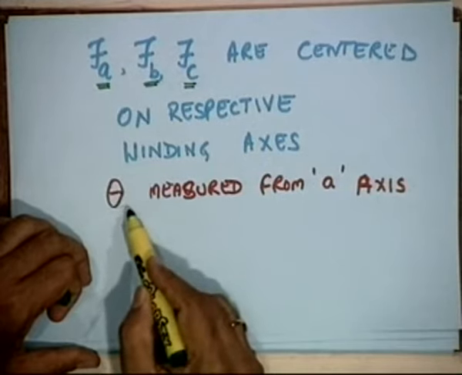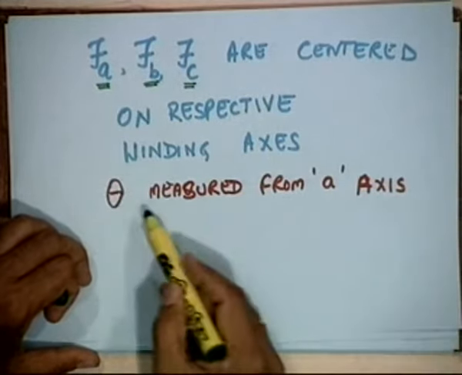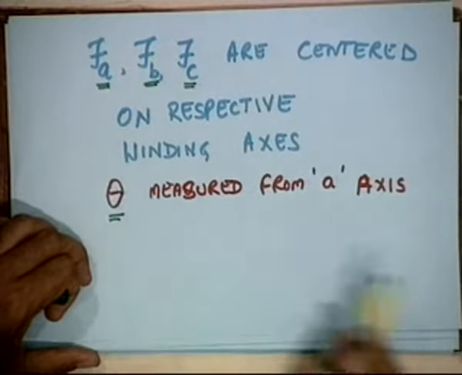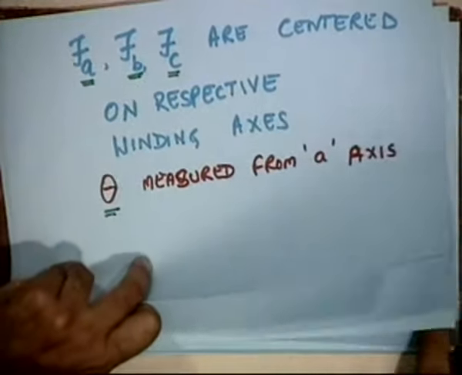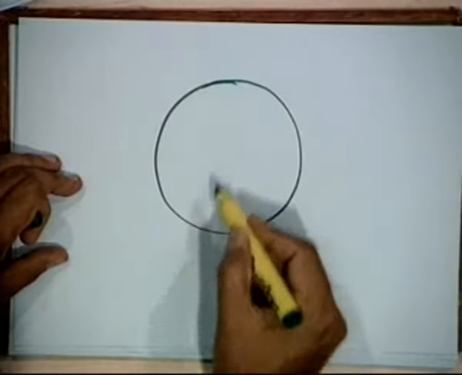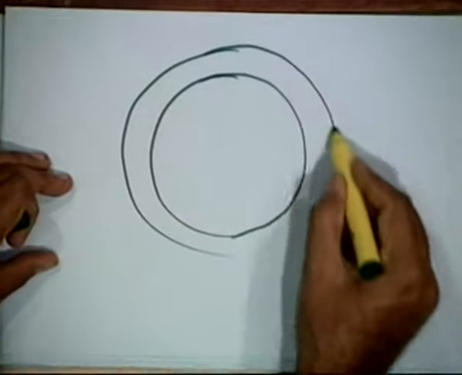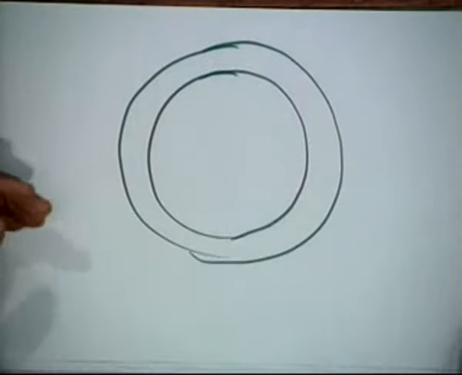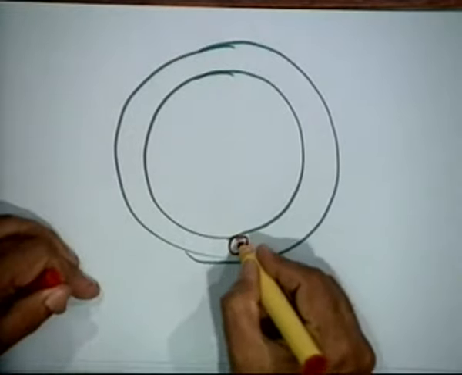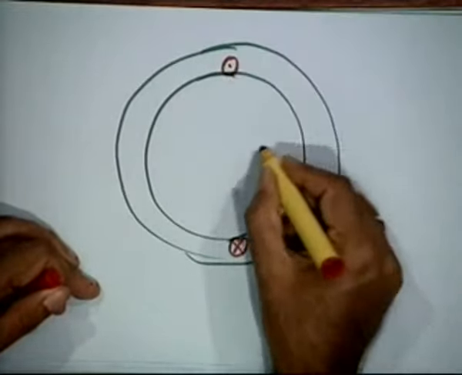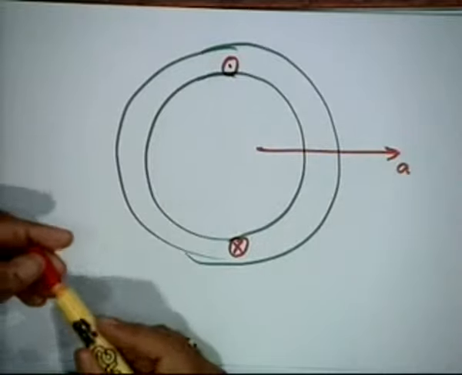Now, let us say theta is measured from A axis in space. So, what we are trying to find is, again, if instead of 1 winding I place 3 windings. Let us say this is A axis, okay.